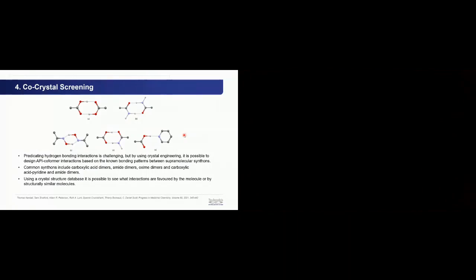There's quite a lot in there, and they will actually give you the amount that a person can consume within a one-day period. So you can have an idea of how much your dosage will be based on that. Using the crystal structure database, it's possible to see the interactions favored by the molecule or by structurally similar molecules.